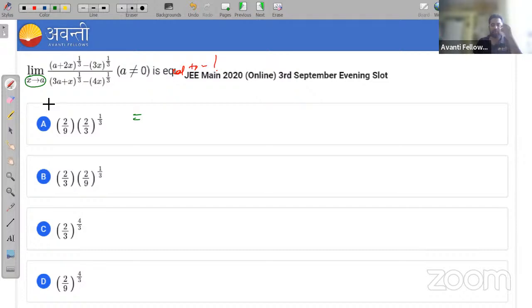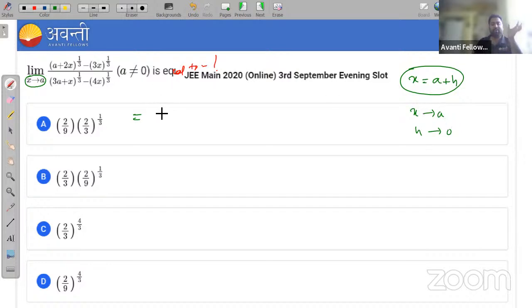So I suggest you take x as a plus h. Take x as a plus h, as x tends to a, h tends to 0.